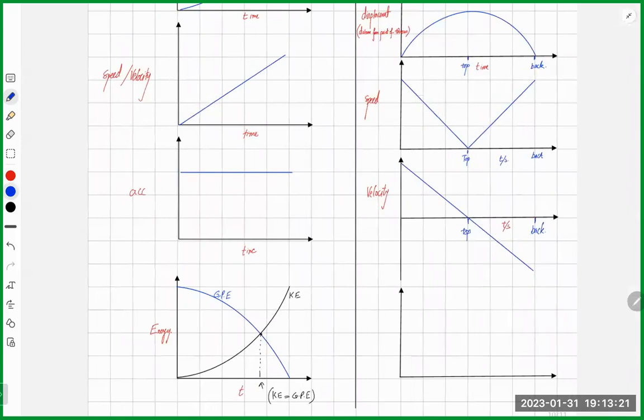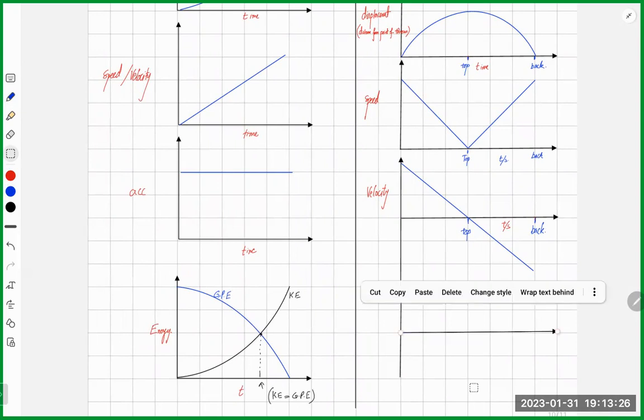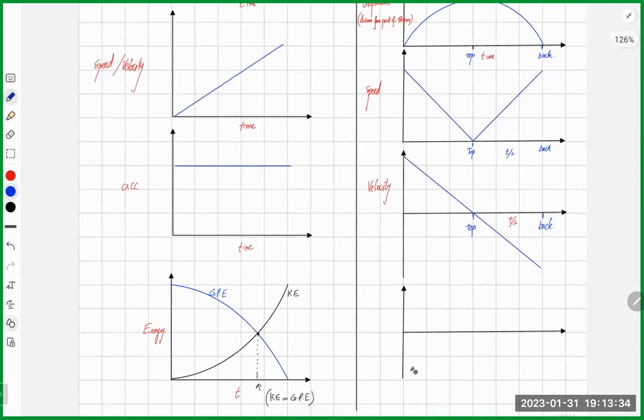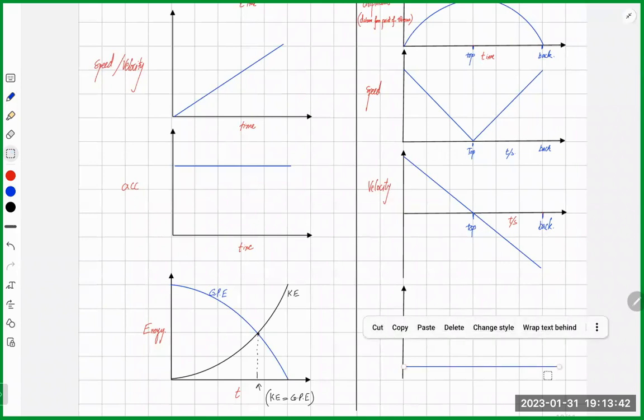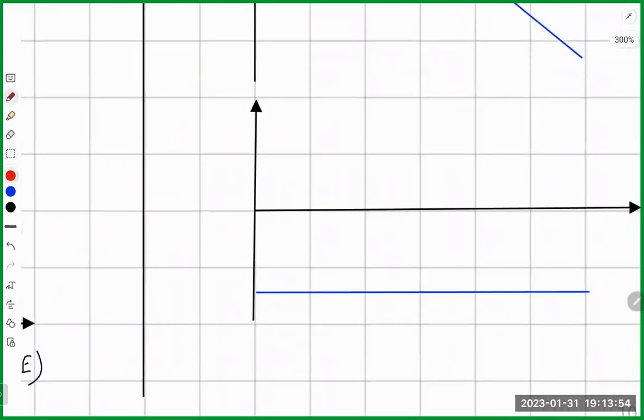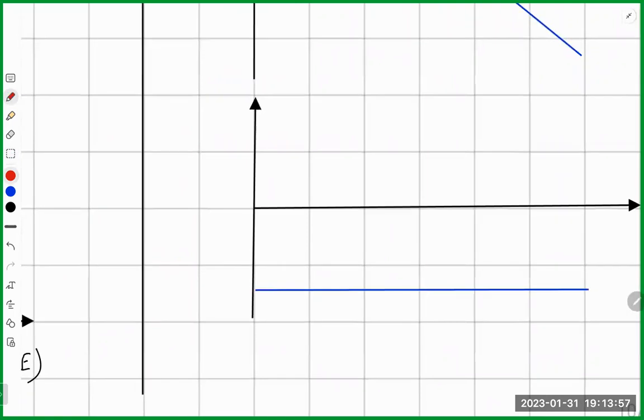Now, how will acceleration look? While going up or coming down, acceleration is always towards the center of Earth. Acceleration is always downward.